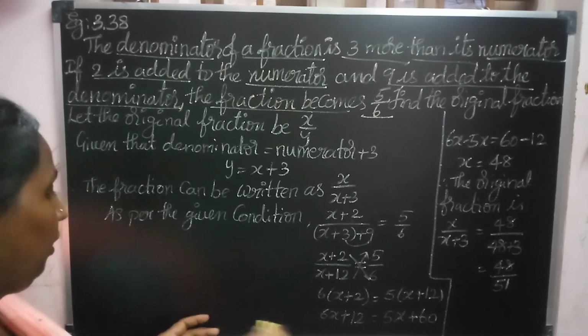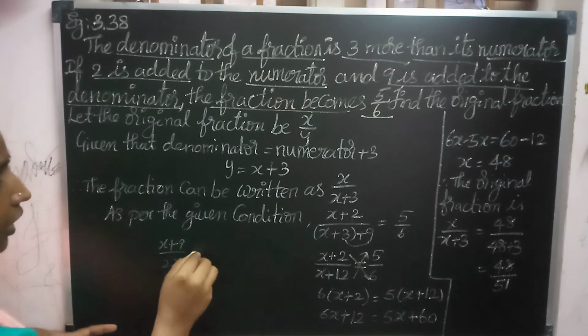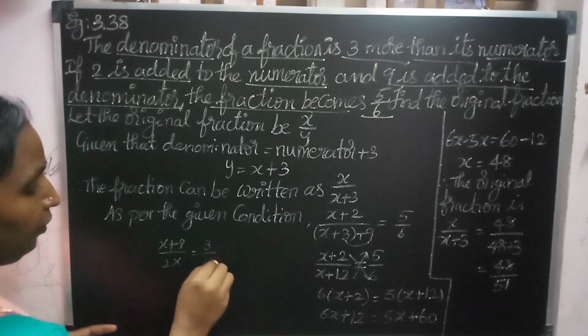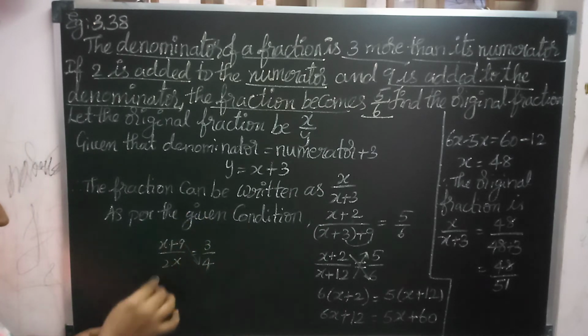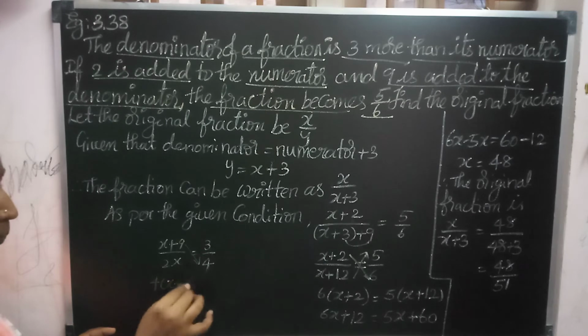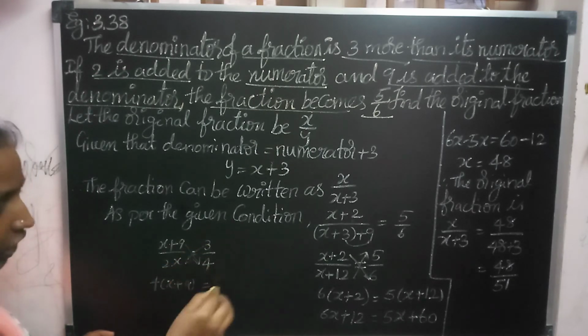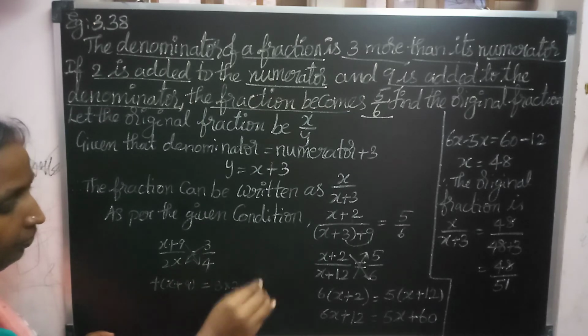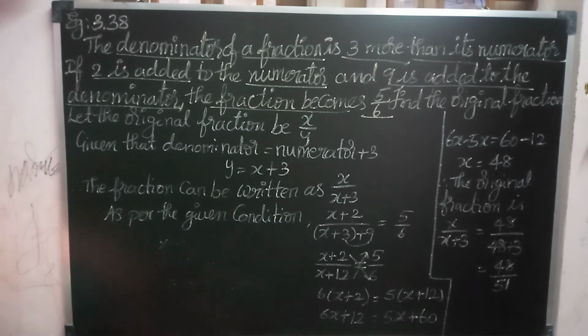Suppose it is like this: x plus 9 divided by 2x equals 3 by 4. How do we cross multiply? 4 into x plus 9, write the equal to, equals 3 into 2x. Is it clear? Like that we are doing the cross multiplying here.